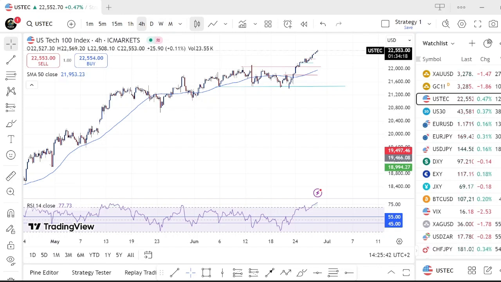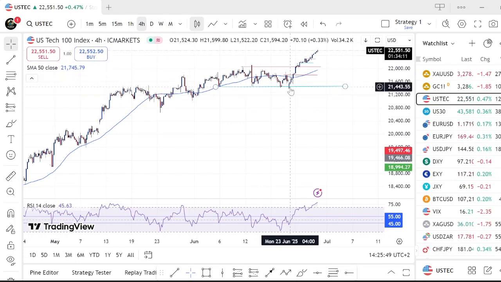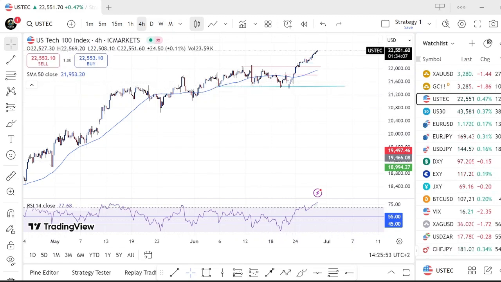Starting with Nas100 on the 4-hour time frame, price is comfortably trading above the 50 SMA line after a very strong push on the Monday, and it is currently trading within the overextended RSI levels. This shows the strength of the bullish momentum, but there needs to be some sort of retracement in this market.